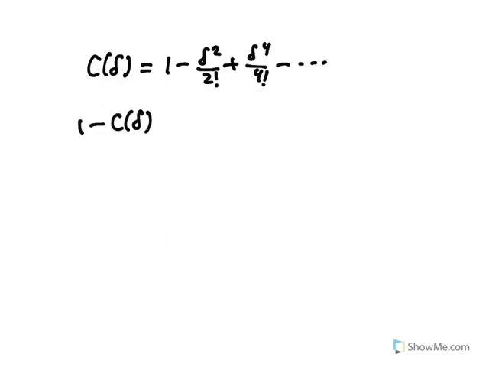I hope. Because we know an expression for c of delta. We know it starts out like this. And we wanted 1 minus c of delta. So you see what happens is, just plug this expression in.